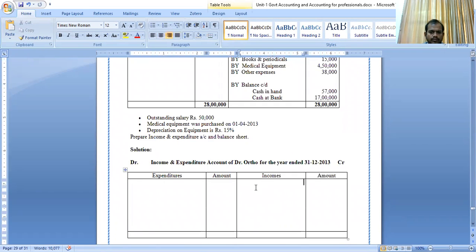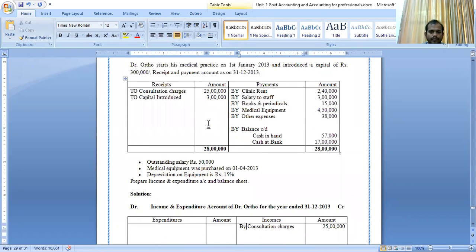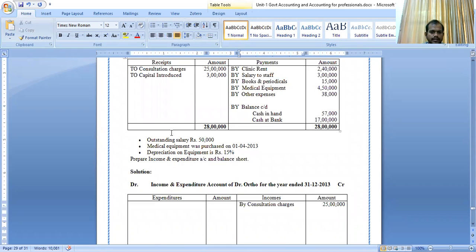So we have to show it in the income side of the income and expenditure statement. Incomes will be recorded on the credit side of the account. By consultation charges 25 lakhs. No other receipts are there.